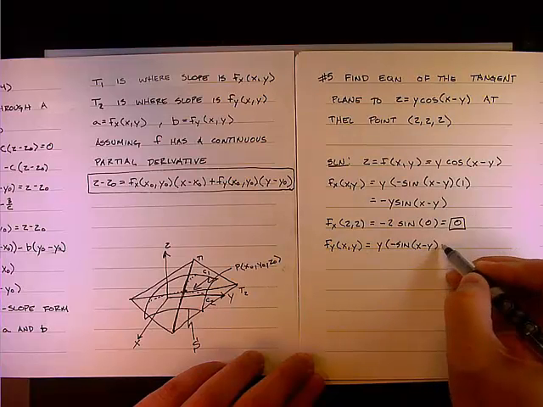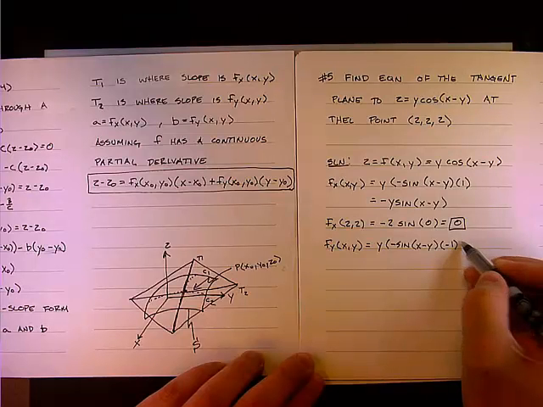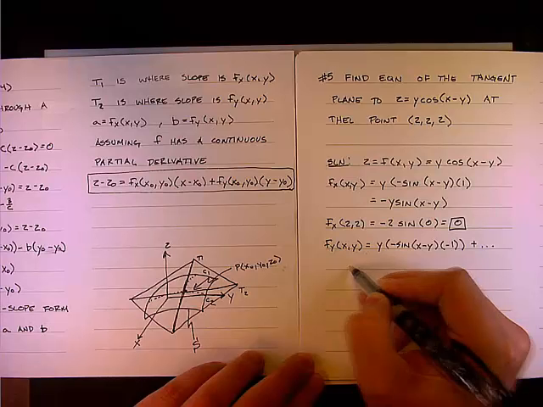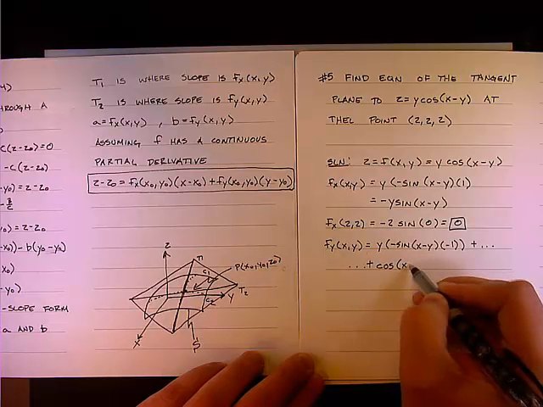Okay. Now we're going to do the same thing for the partial derivative with respect to y, and we get f with respect to y of x, y. It's going to equal, and we're going to have to do the product rule and a little chain rule here.